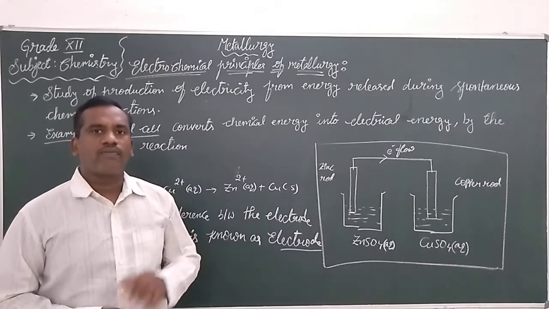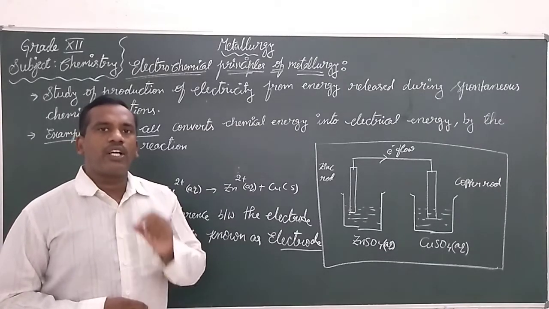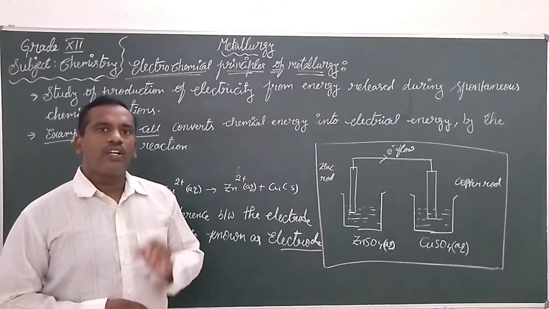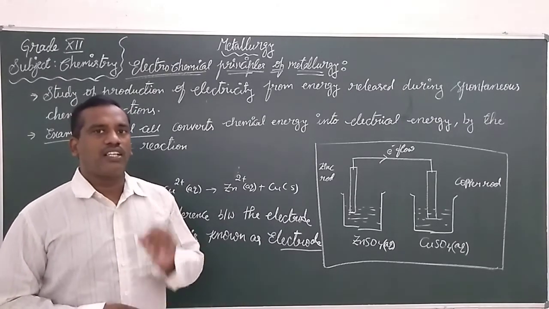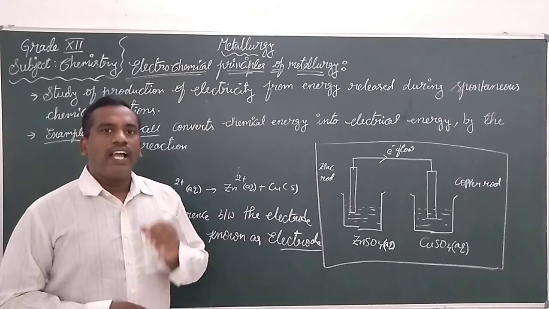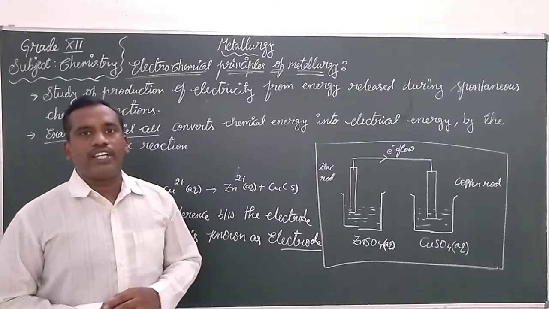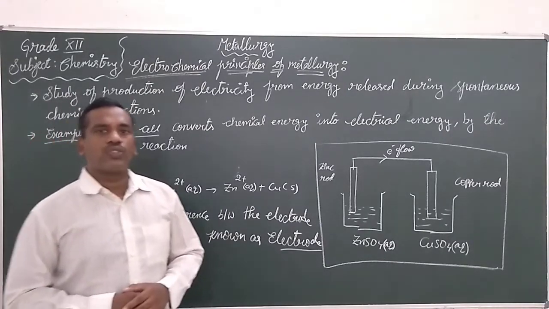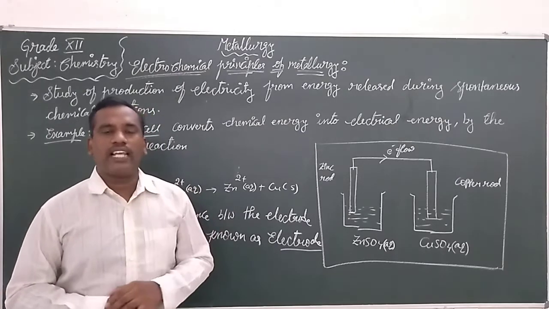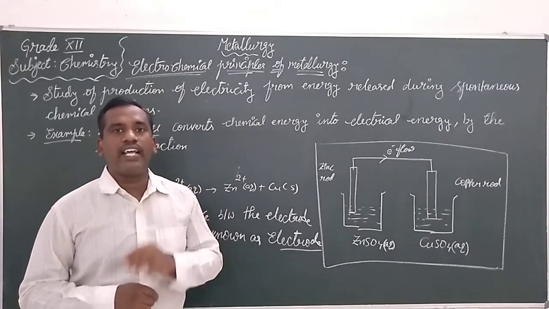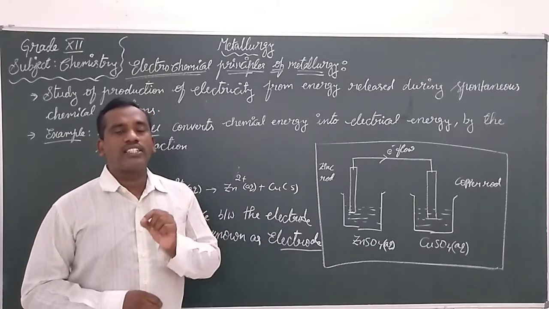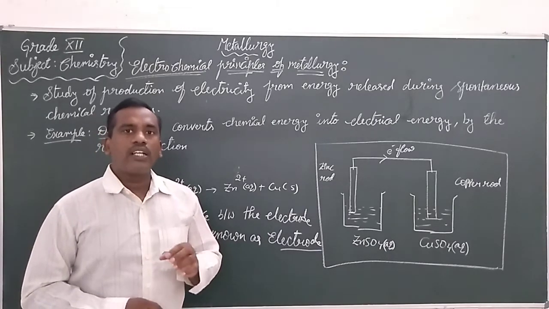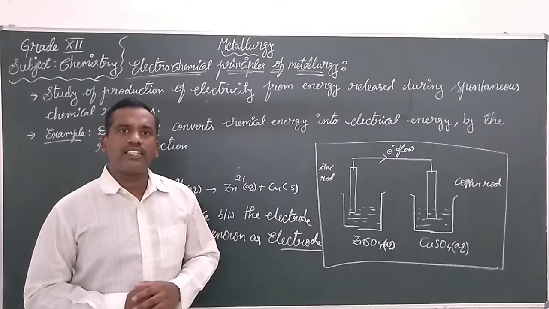When you were studying in your plus one, you had a chapter named redox reactions, unit number 8. At the end of the unit, you came across the Daniel cell. What is the chapter name? Redox reactions. What are redox reactions?